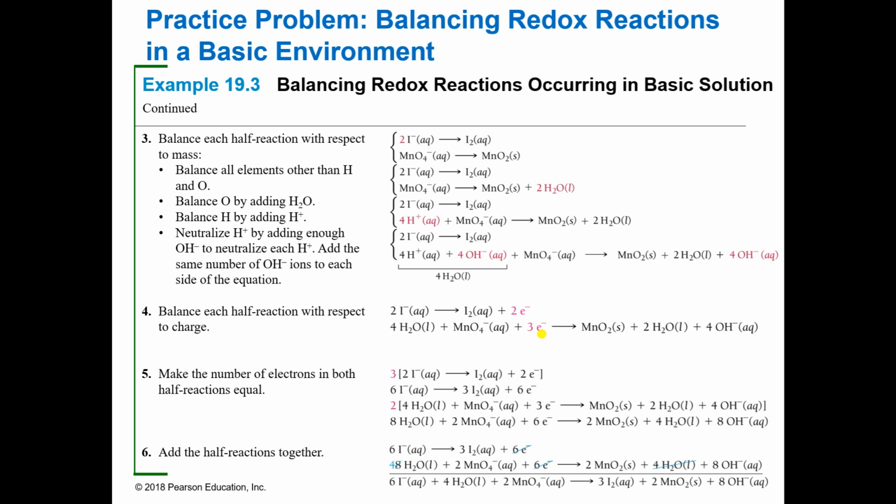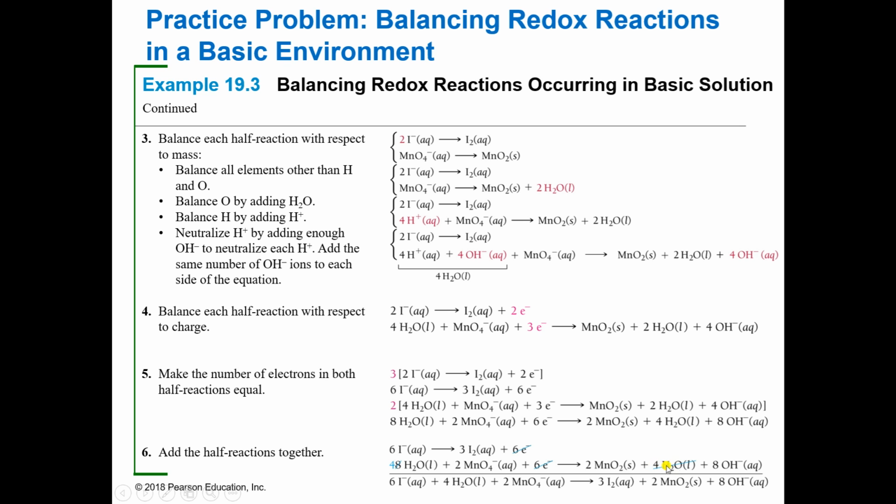And what you will notice, this is also what makes it a little bit different. Yes, the electrons cancel out, but now because this is a basic solution and the base neutralized some of the hydrogen ions, which formed water, now we have waters on both the left and the right side of the reaction.